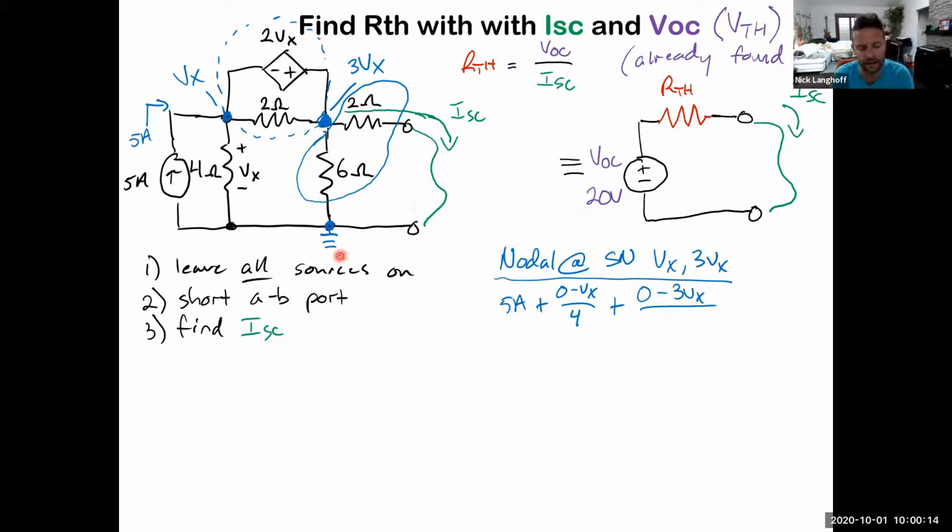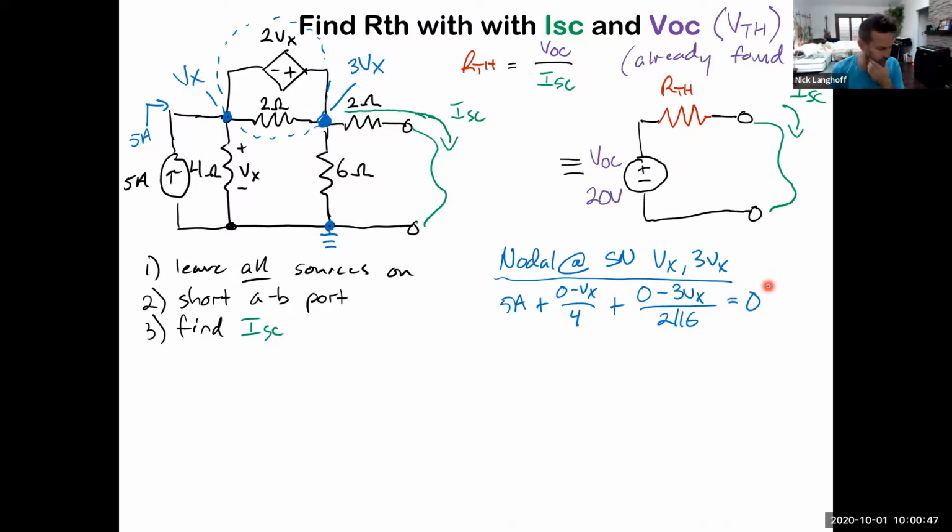So they are in fact connected in parallel, right? The current flowing between the 3Vx node and ground is flowing through both the 6 ohm and the 2 ohm. If we were drawing it like far minus near, we would think of it as coming up from ground that way. But I'm going to treat that whole current path as flowing through the 2 ohm and the 6 ohm in parallel. And all of that is equal to 0.